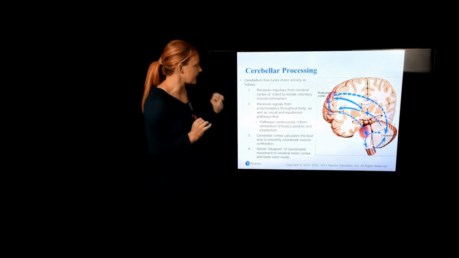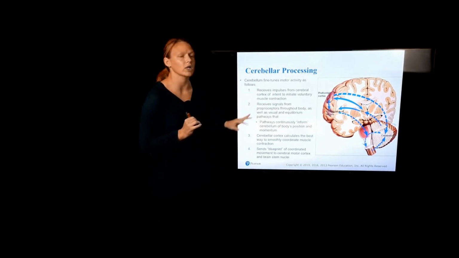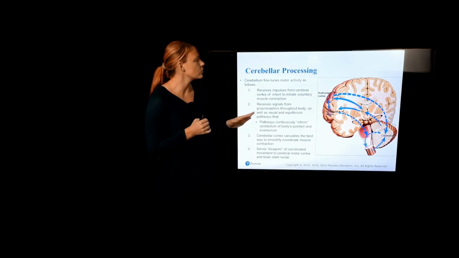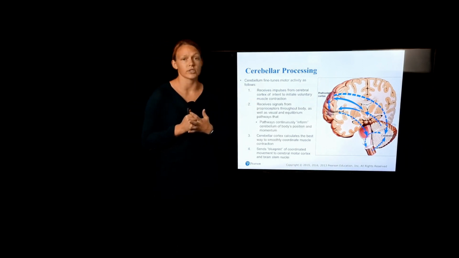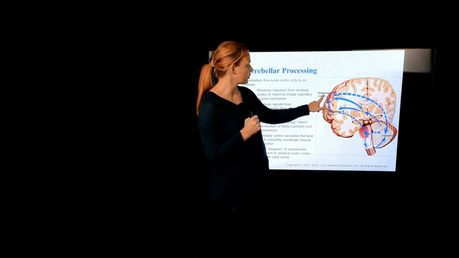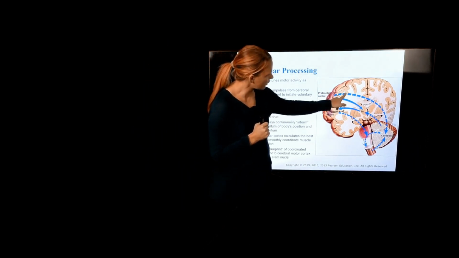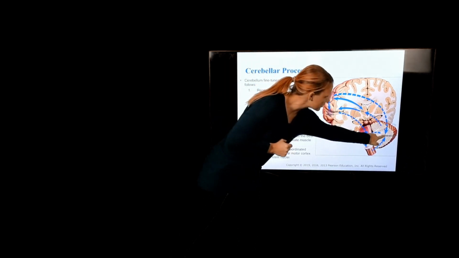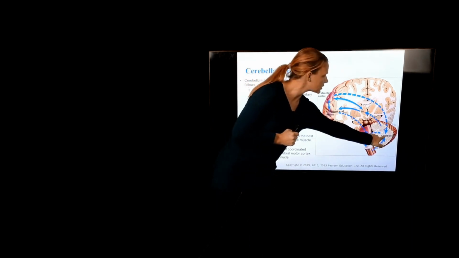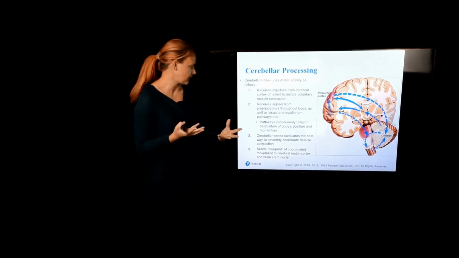The way that it does that is it's going to receive impulses from the cerebral cortex of intent to initiate voluntary muscle contraction. So you can see here this prefrontal cortex, that cerebral cortex, and this dashed line going down to the cerebellum, those are the impulses that it's going to send down to that cerebellum. The cerebellum receives those.